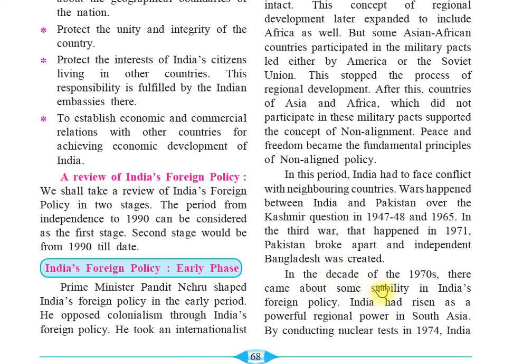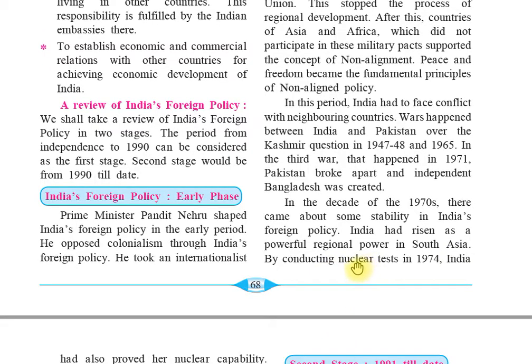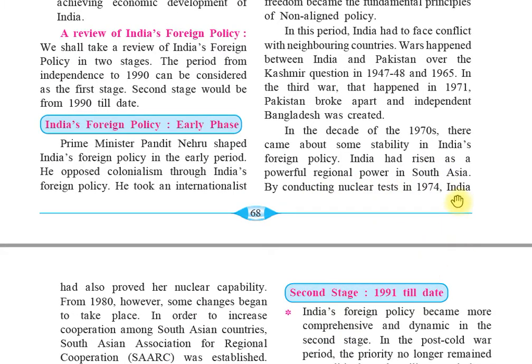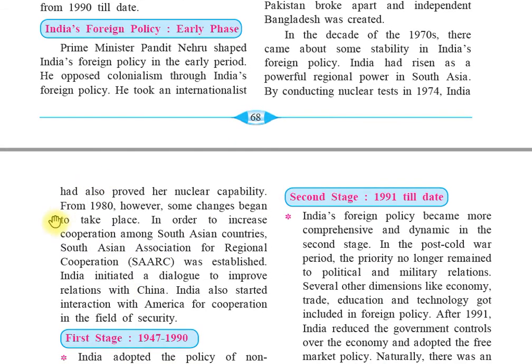In the decade of the 1970s, there came about some stability in India's foreign policy. India had risen as a powerful regional power in South Asia. By conducting nuclear tests in 1975, India had also proved its nuclear capability.